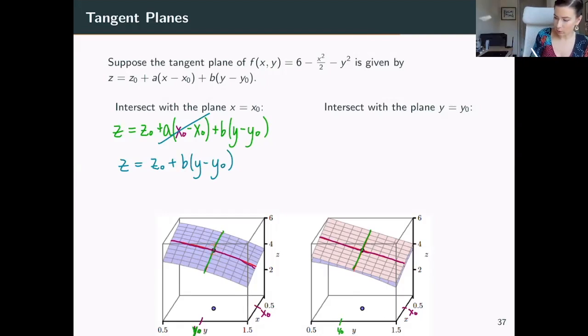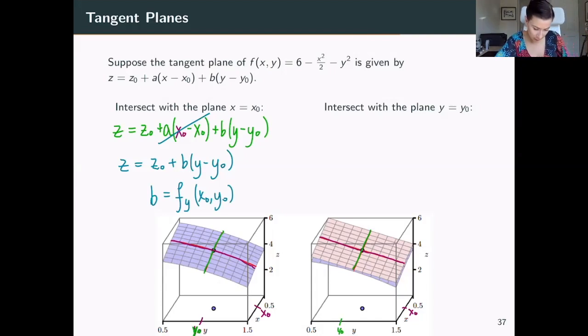So here we will end up getting that our b should be equal to the partial with respect to y at x naught, comma, y naught. I can look at the slope there, fixing my x naught, which will give me that slope there. And also will give me this slope here.